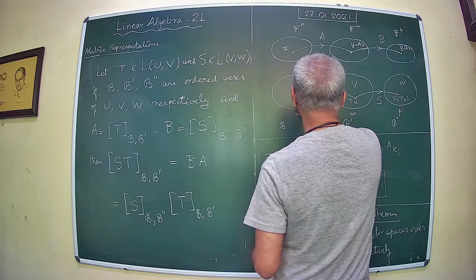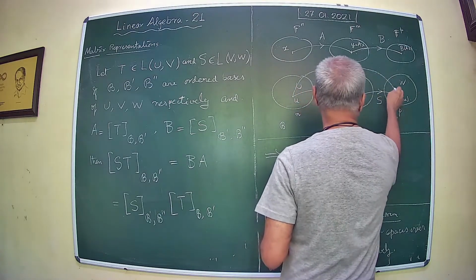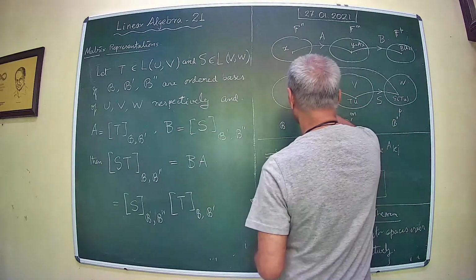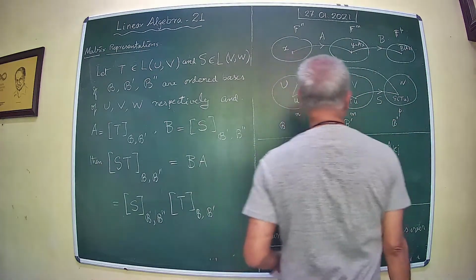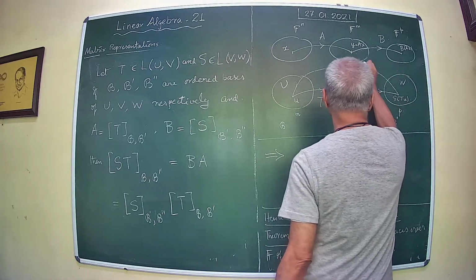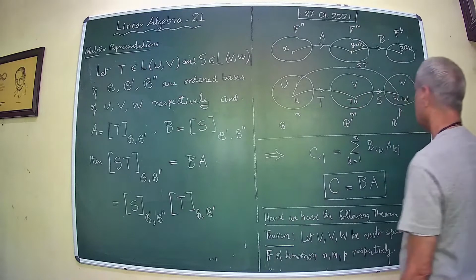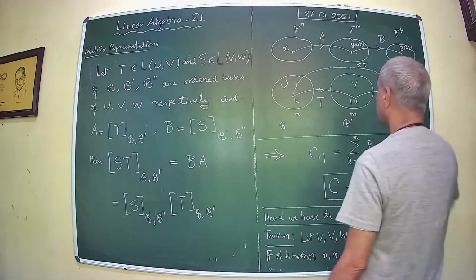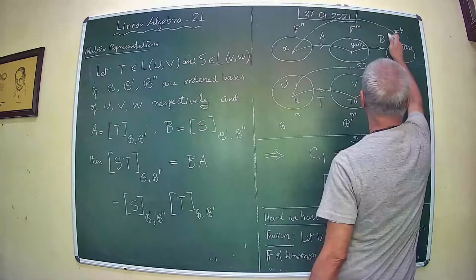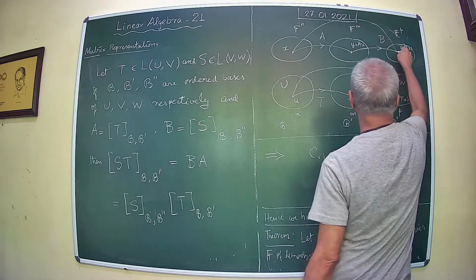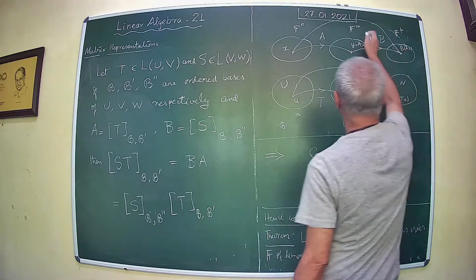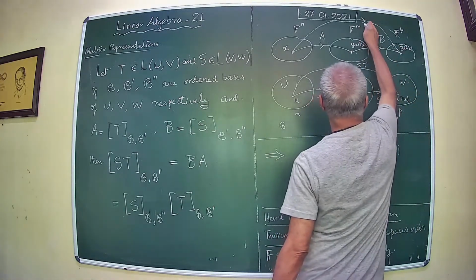See, you have T map to, U map to ST. Here, correspondingly, this is mapped to, this is the operator.